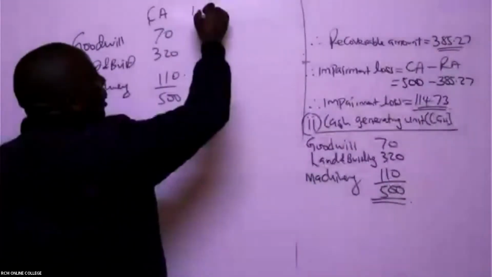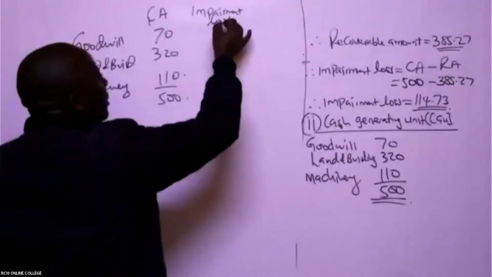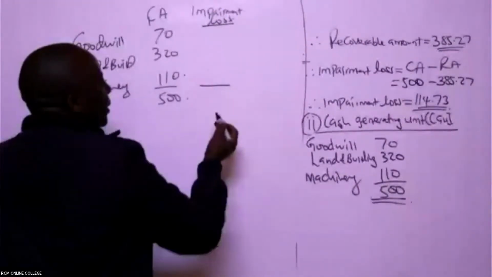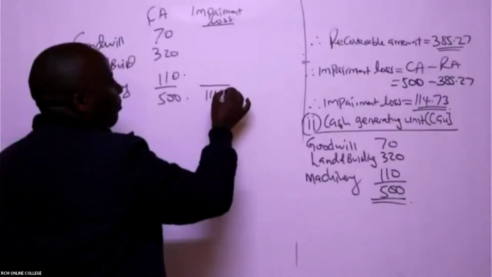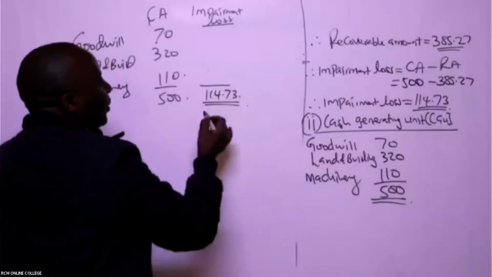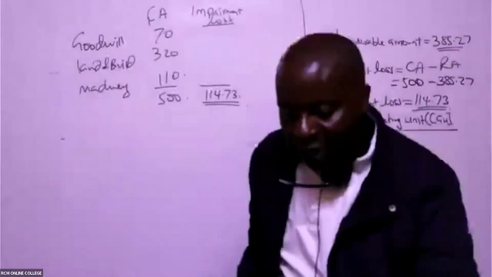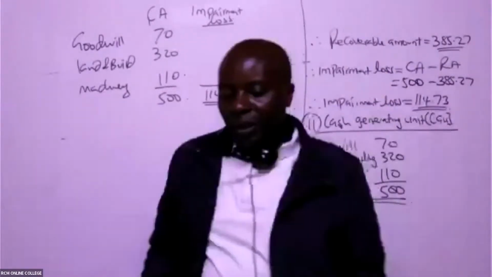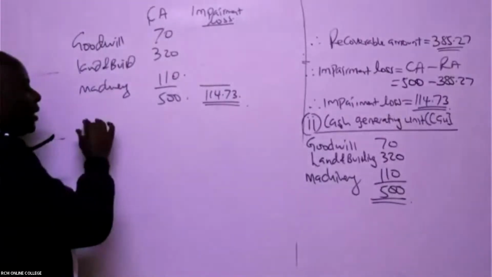So create a column in between for impairment loss. And the impairment loss, you've told me, is 114.73. So remember now, this impairment loss must be distributed to the assets.